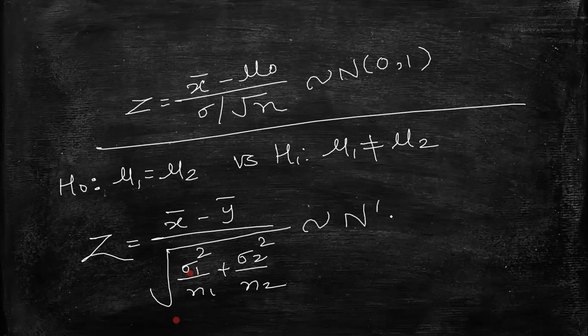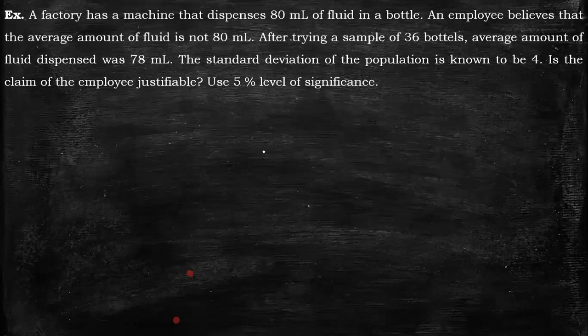This follows standard normal distribution. So the first formula is for a single population mean, and the second formula is for two population means. We can understand it and derive it also, absolutely no problem. This is what I wanted to tell.